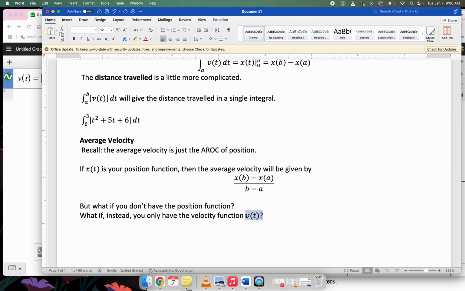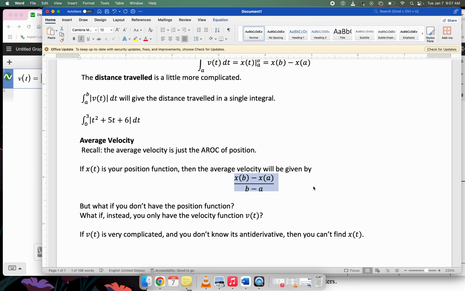That's true. Except, what if your velocity function is very complicated, and you can't find the antiderivative of that function? If v of t is very complicated, and you don't know its antiderivative, then you can't find x of t. You cannot find the position function, and therefore you cannot use this formula.